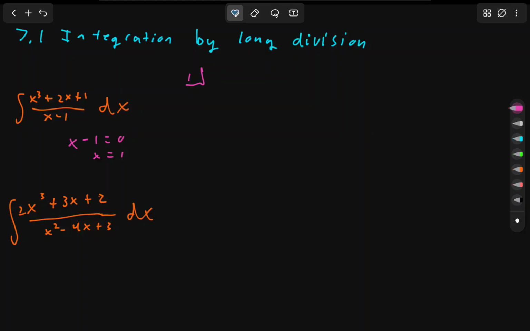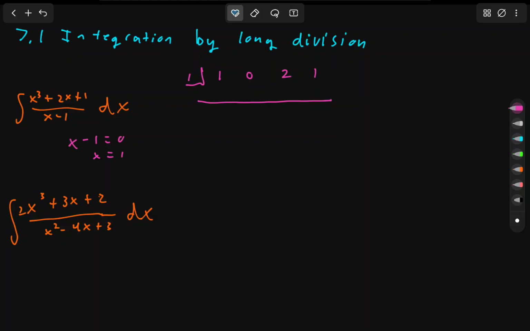I'll show you what I mean. We have the coefficient of the highest degree of x here, which is 1. We'll put that there. Then we have the next highest power of x, which is x squared. We don't actually have an x squared, so that's just 0. Then we have a 2x, and then we have a 1.